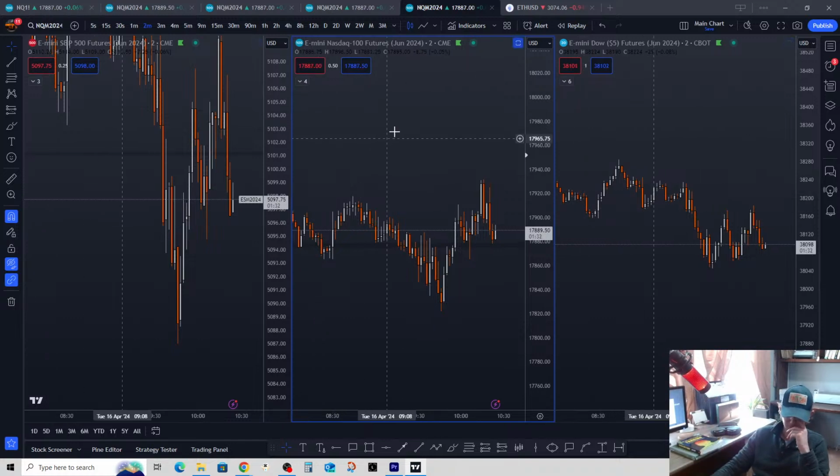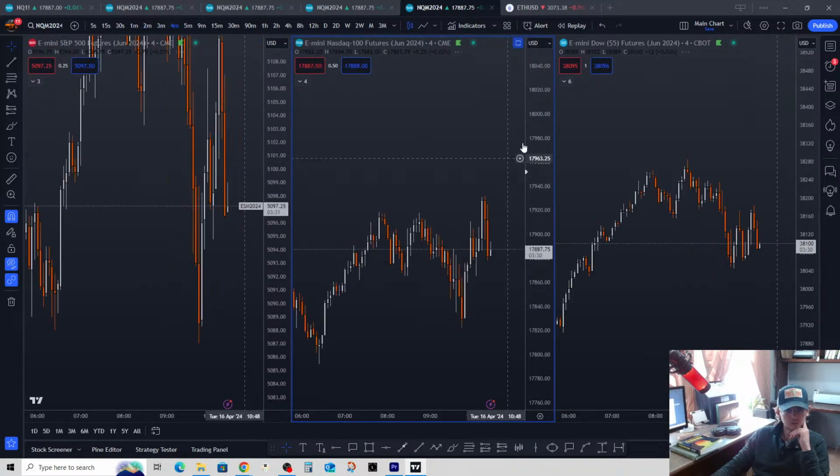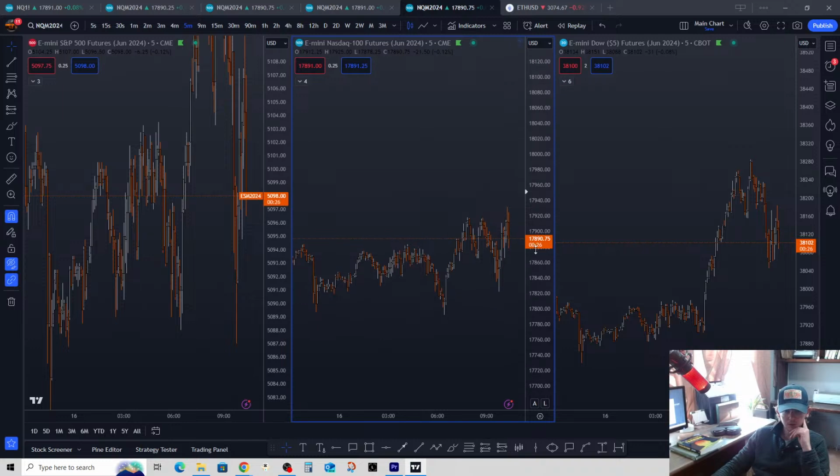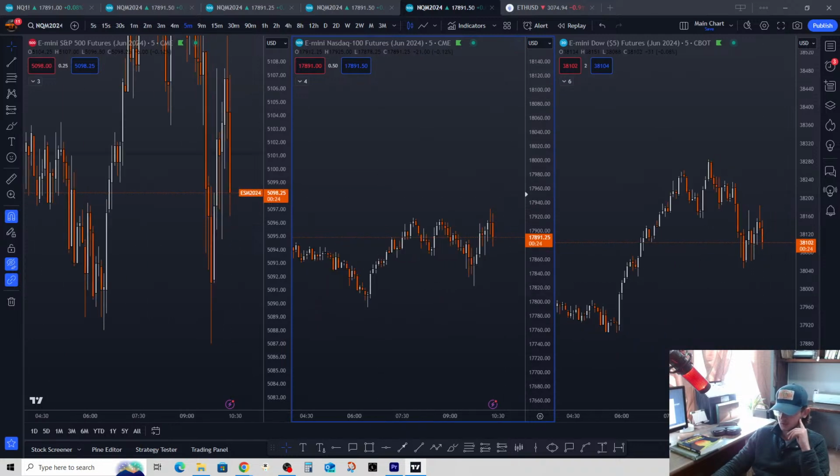I'm going to pay attention to see what we get in this area now. Bearish 3-minute closure. We'll see if she wants to target all the way back down to these lows. We'll see. A lot of potential in it.